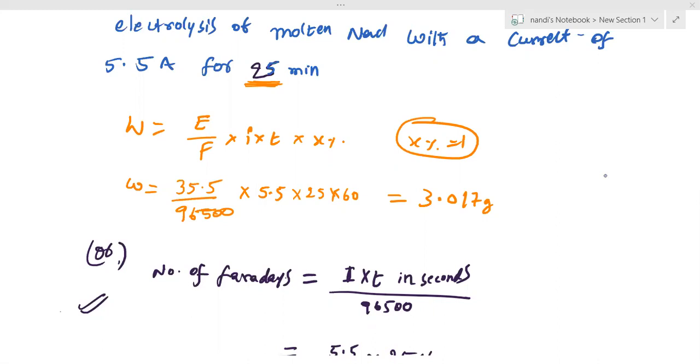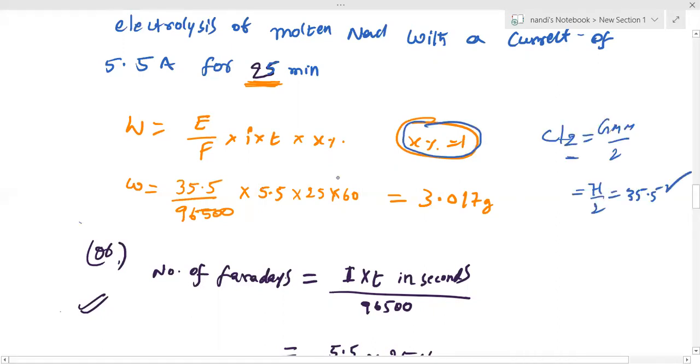That's why I wrote the Cl2 equivalent weight as 35.5. Time should be in seconds only. In this formula, T should be in seconds, sir. 25 into 60 by the Faraday value, you know that one. By substituting, you will get the answer.